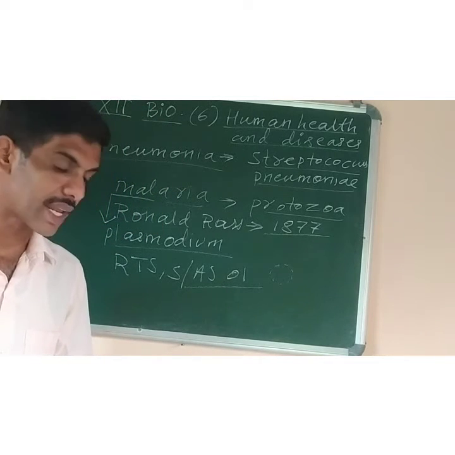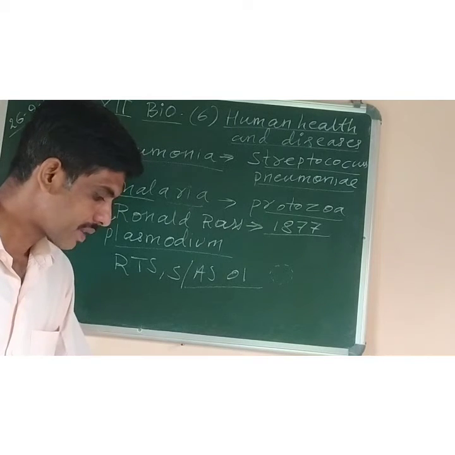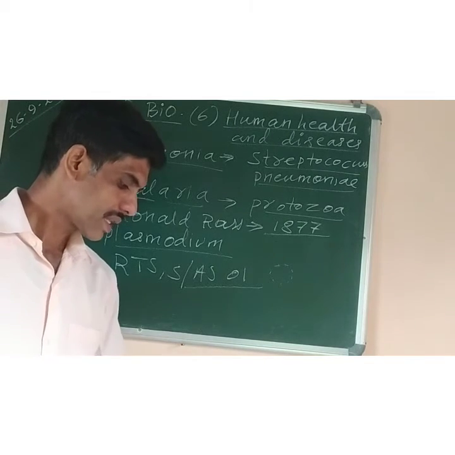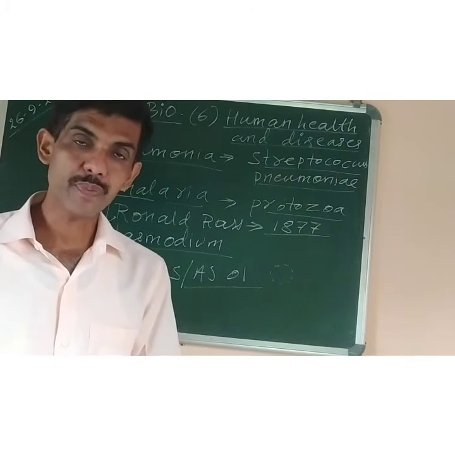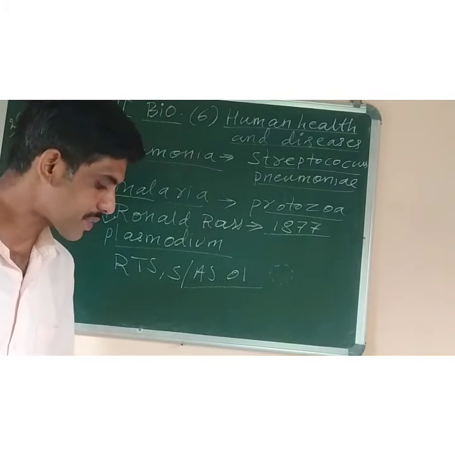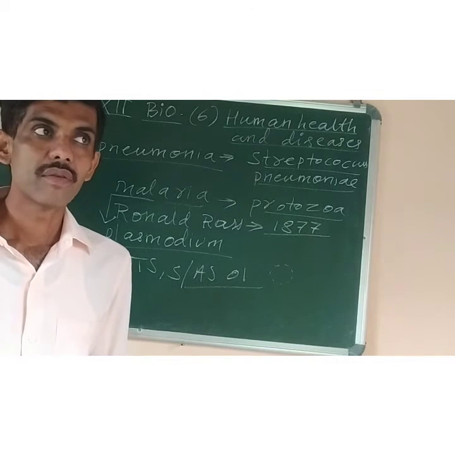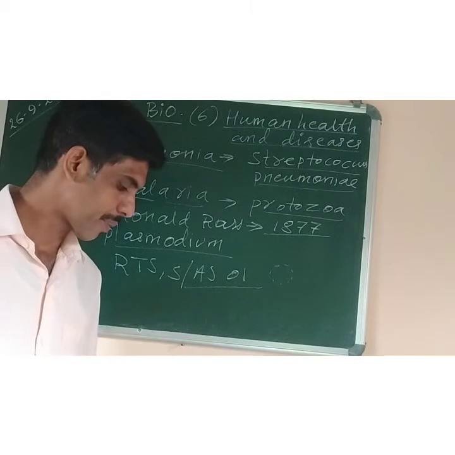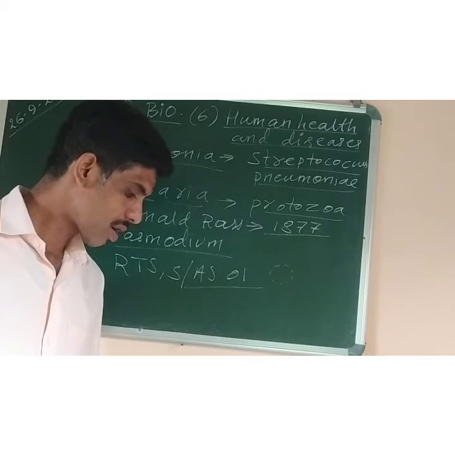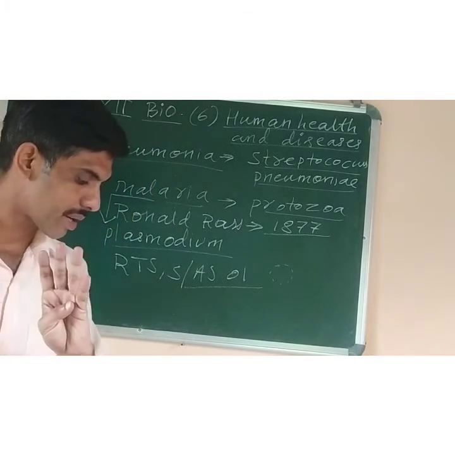Hodgkin's disease is an example of lymphoma. Then the last one is leukemias. They result from unchecked proliferation of cells present in the blood, which are produced inside the bone marrow. So they constitute 4% of human cancers.